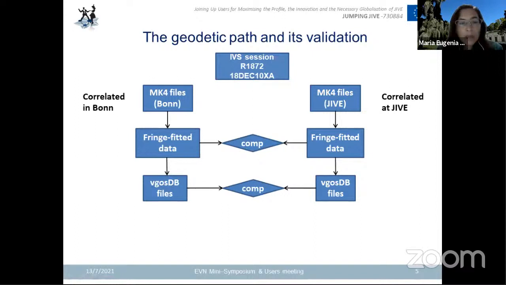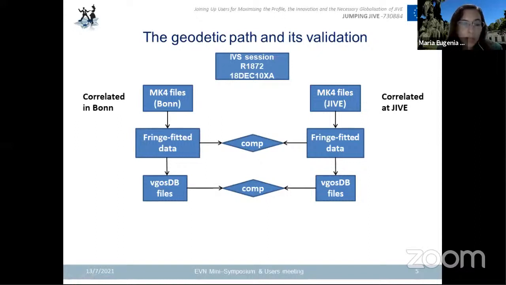The people in the Bonn Correlation Center provided us with the raw data, the correlated data, the fringe fitted data, and the vgosDB files. DB stands for database, which is the current VLBI format for geodetic data, and this is delivered to the community for further geodetic analysis.